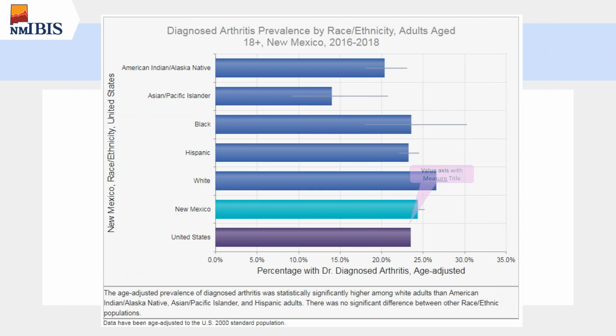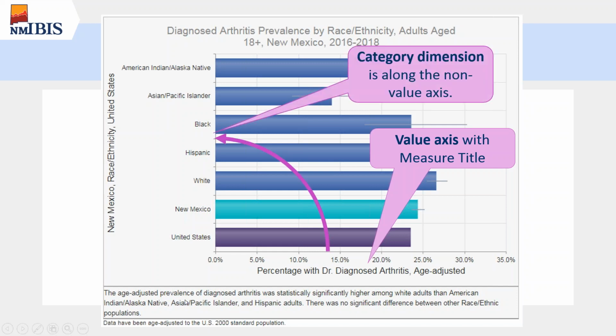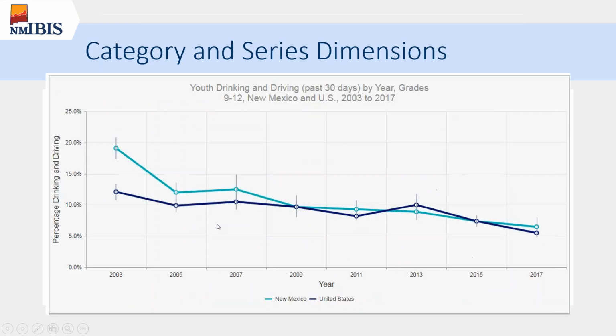Sometimes the value axis is along the bottom of the graph, and the category axis is on the left. So remember, every graph has two axes. One's the value axis, and the other shows the category dimension.